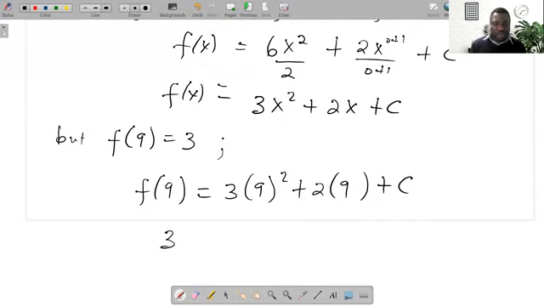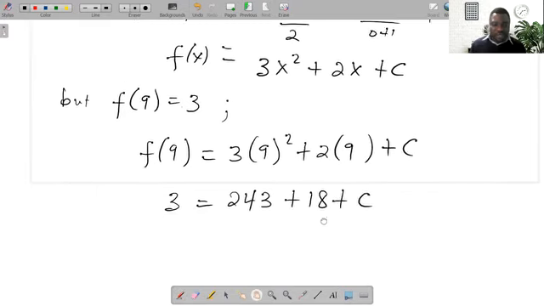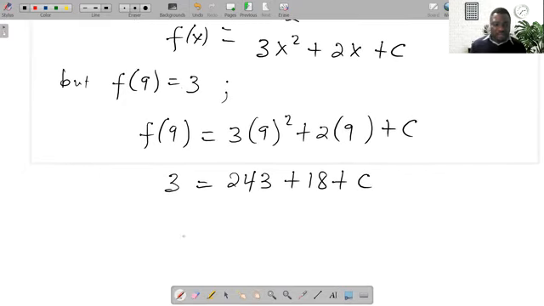So 3 will be here. That will give me 81 times 3, 243 plus 18 plus c. And I can easily find my c, which will be 3. That together will give me 261.